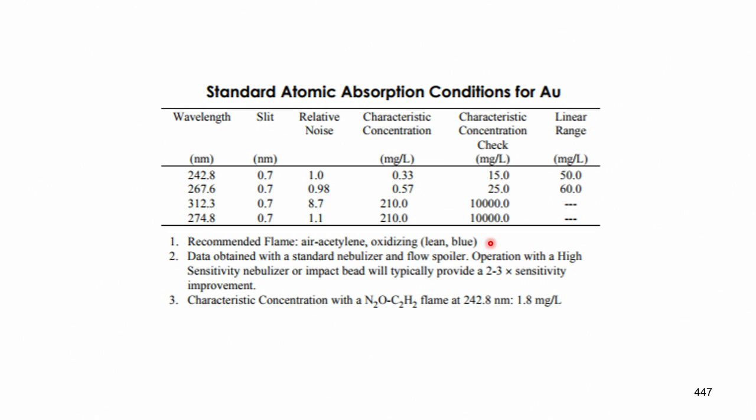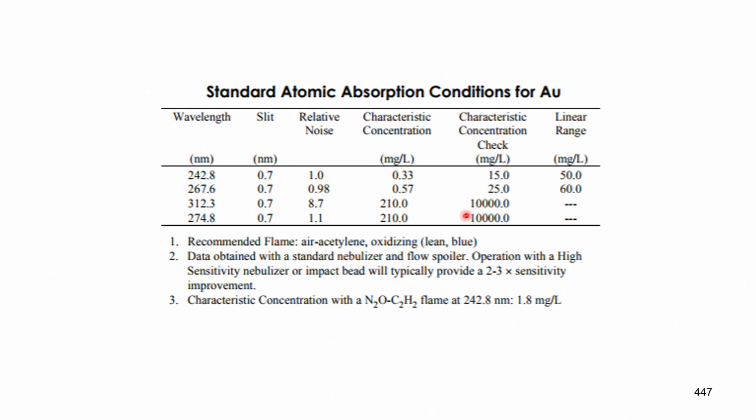So, gold, 242.28 is the most ideal wavelength, okay, and characteristic concentration is 0.3, and the characteristic concentration check is 15 ppm, that is 15 into 0.3, 15 3s are 45. So, approximately 0.45 is the check.